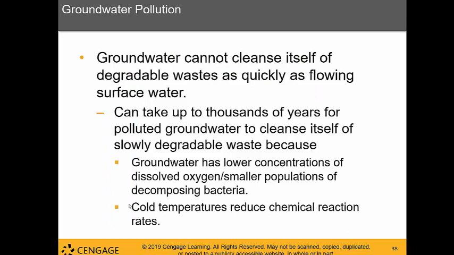Groundwater causes even more of a problem for pollution control than lakes and rivers. Pollution in groundwater is even more of a problem than in lakes or reservoirs.